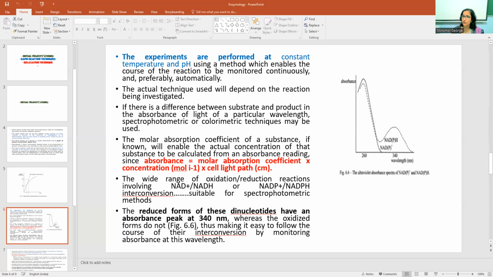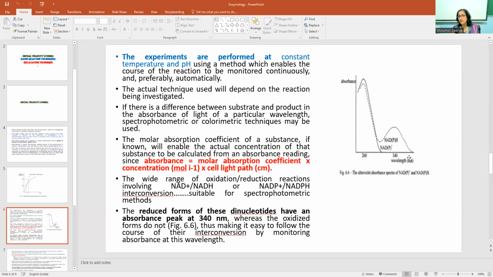So a wide range of oxidation reduction reactions, which involve particularly NAD, NADH or NADP plus and NADPH interconversions, are suitable for spectrophotometric methods. So this can be taken as an example for you people to study. And the reduced forms of these dinucleotides have an absorbance peak at 340 nanometer, as shown in this figure over here.